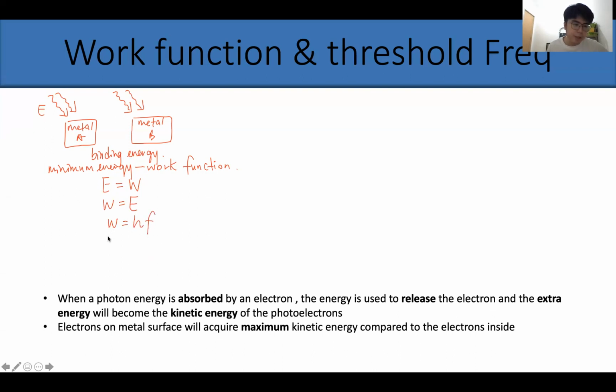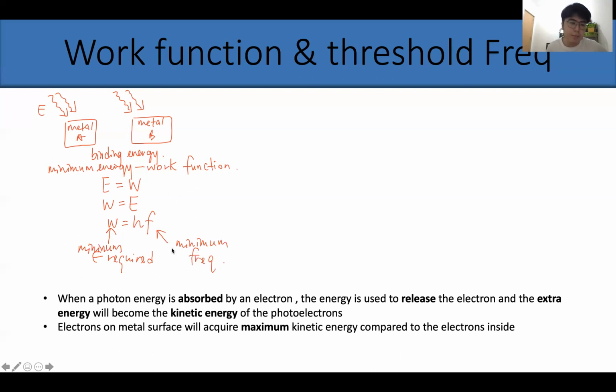If the work function is the minimum energy required, then there is also a minimum frequency of light required, because the energy of the wave comes from the frequency. The higher the frequency, the higher the energy. So if there is a minimum energy required, then there's a minimum frequency required as well.